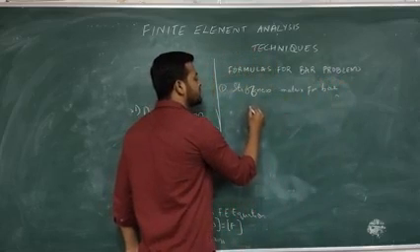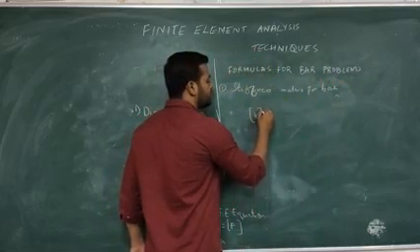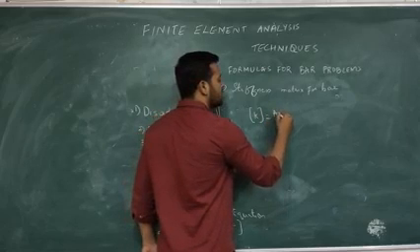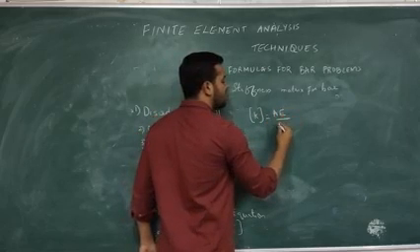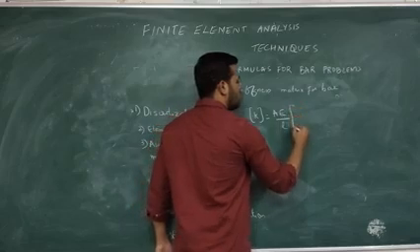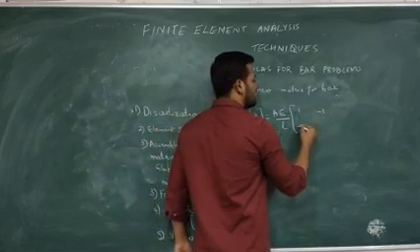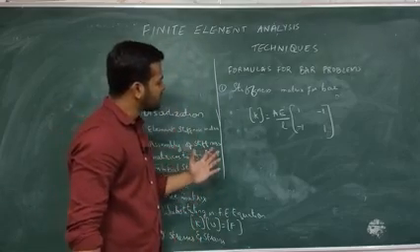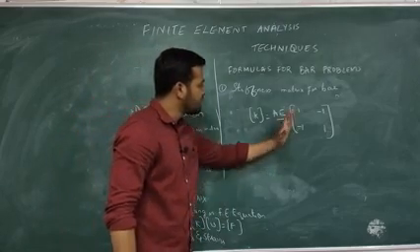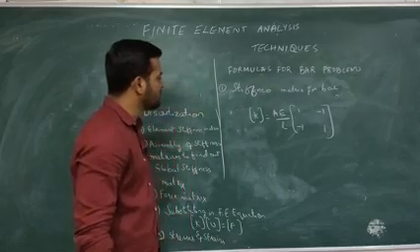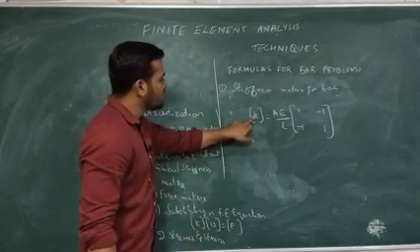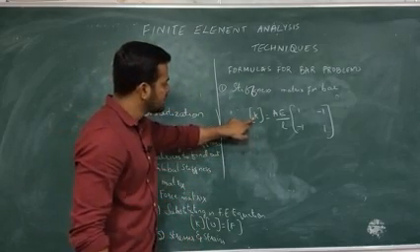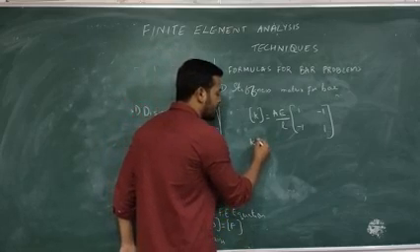Stiffness is denoted by K is equal to A into E by L, [1 -1; -1 1]. For now you remember it as a formula. I will be explaining why this formula is this way while we are solving problems. Okay, so K is called stiffness.